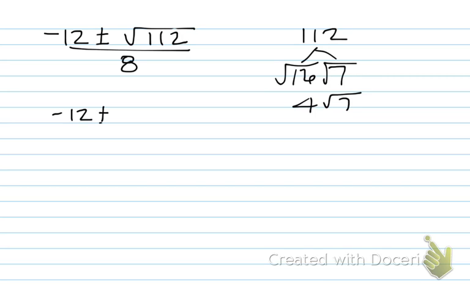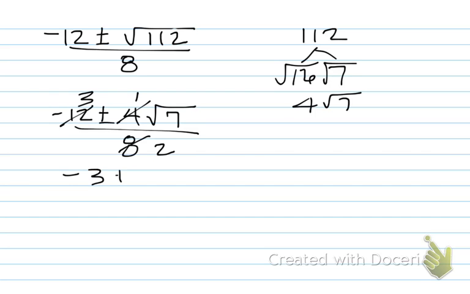So now we simplify that to 4 root 7, and we have everything set up over here. Now notice that negative 12, 4, and 8: 4 is a factor of itself, of negative 12 and of 8. So we can simplify that out.